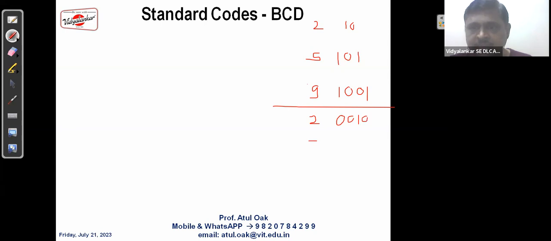If I want to represent 5, I will represent 5 always using 4 bits. Matlab 0, 1, 0, 1. If I want to represent 9, no extra efforts, because 9 already has 4 bits. I will represent it using 4 bits, 1, 0, 0, 1.